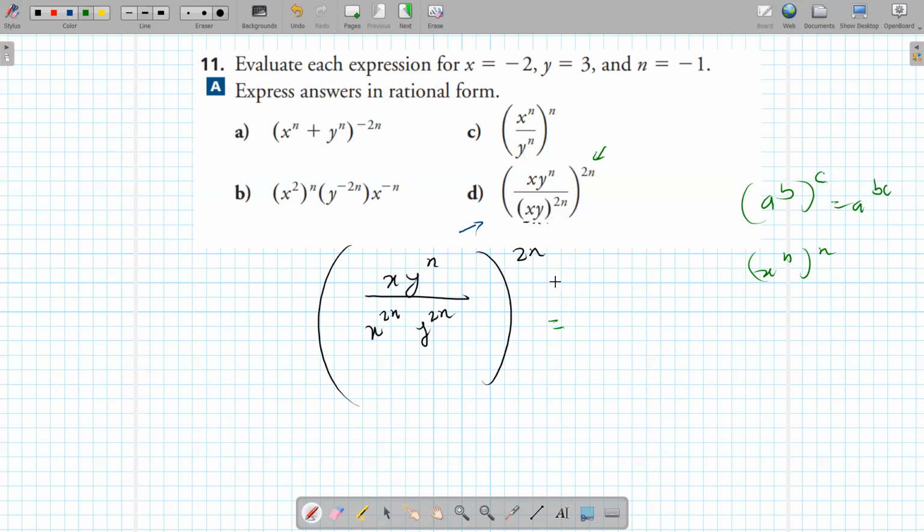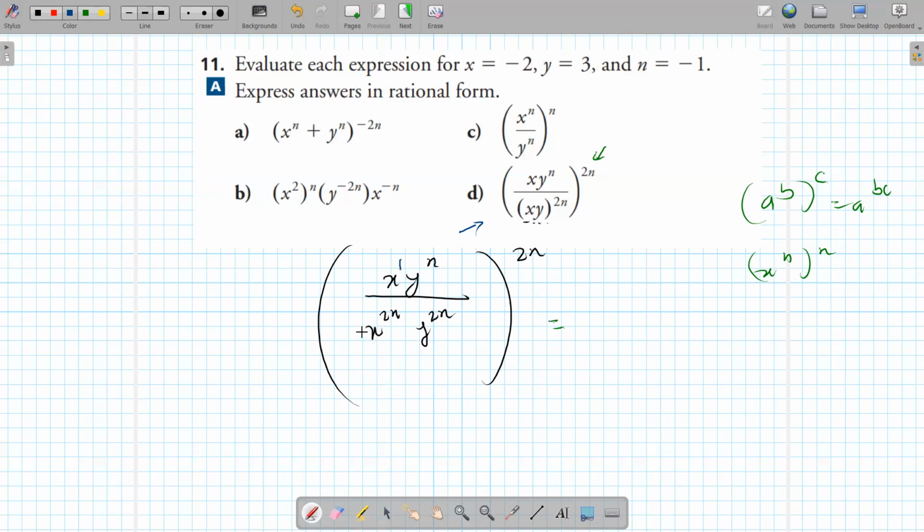They're like terms inside the bracket. There's an x power 1 here, right?